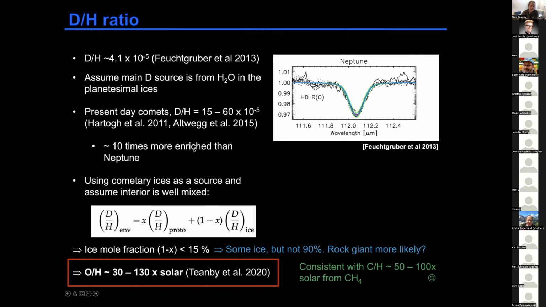But if we just take a very simple assumption and say, let's evenly mix the planet, then these two things seem to be slightly incompatible in the case of an ice giant. So that, to me, suggests a rock giant is a bit more likely based on this evidence. That would suggest an oxygen enrichment of about 30 to 130 times solar, which is consistent with the methane. So I've done a little smiley face there. That's all good.